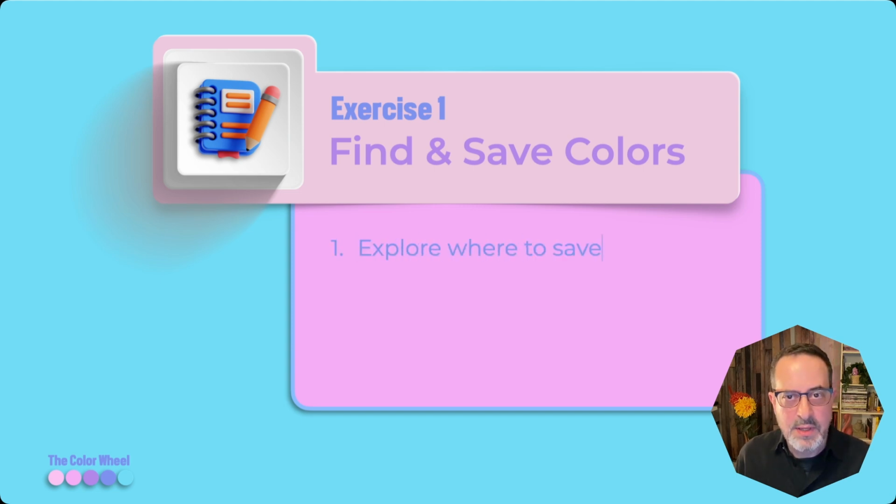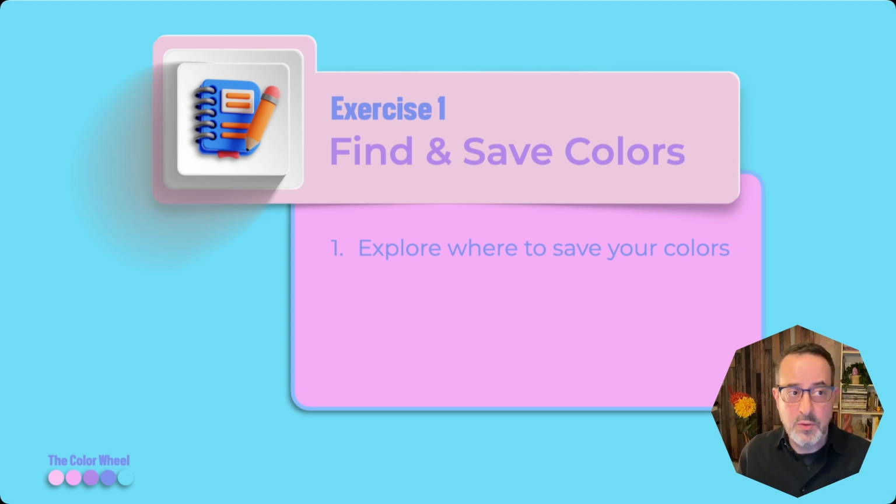Step 1, figure out where you're going to save your colors. I'll be showing you many more possible options as we go forward. But just to start out, find a place where you want to save colors. So this might be just a folder on your computer. This might be in a Google Doc or a Microsoft Word document where you just cut and paste pictures into it.